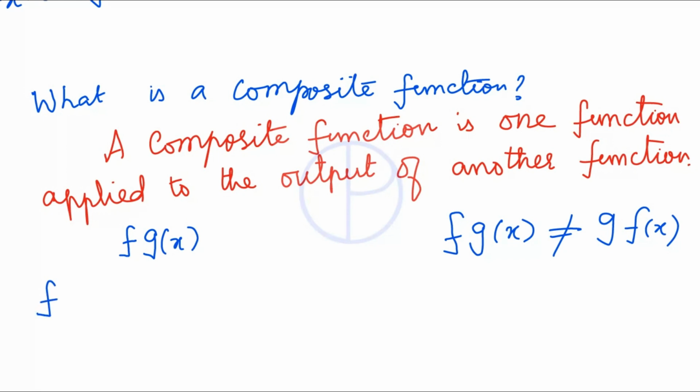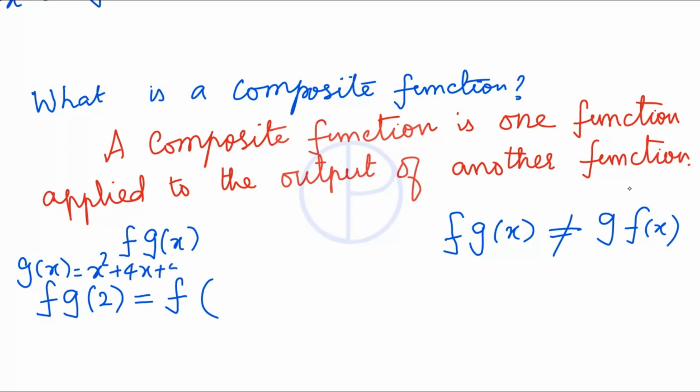Let's check this one. f g of 2 equal to f of g of 2. G of x is x square plus 4x plus 5, and f of x equal to 2x plus 3. So g of x happens first. So plug in the value 2 in the g of x function.